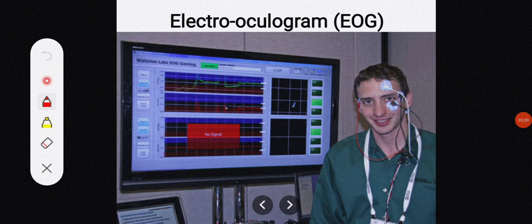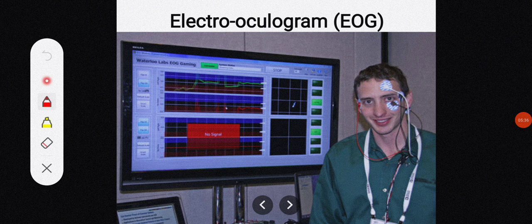Next I am going to discuss electrooculogram. So what is electrooculogram? It is the recording of bioelectric potentials generated by the movement of the eyeball. These electrooculogram potentials are generally picked up by small surface electrodes placed on the skin near the eye.